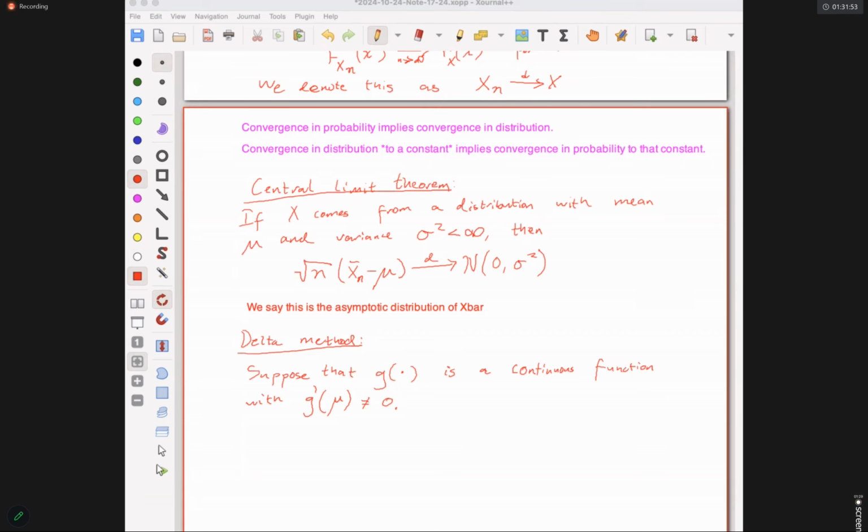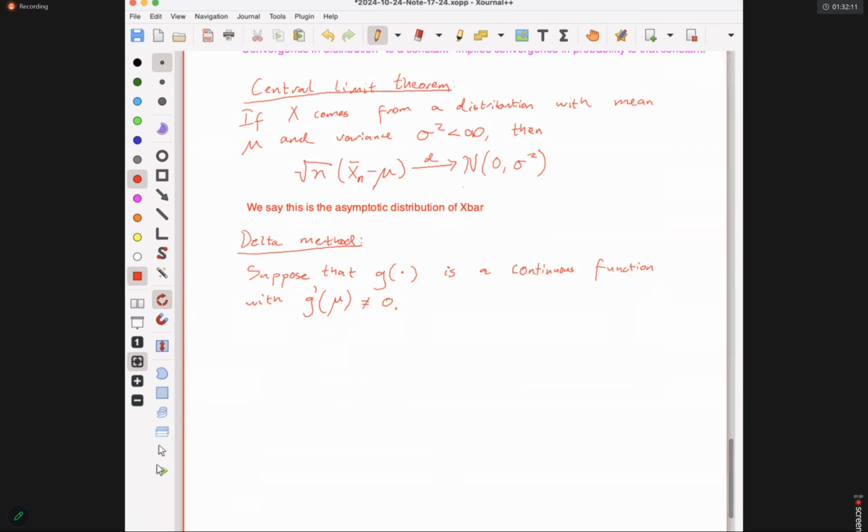Then this will allow us to describe the asymptotic distribution of G of x bar n.